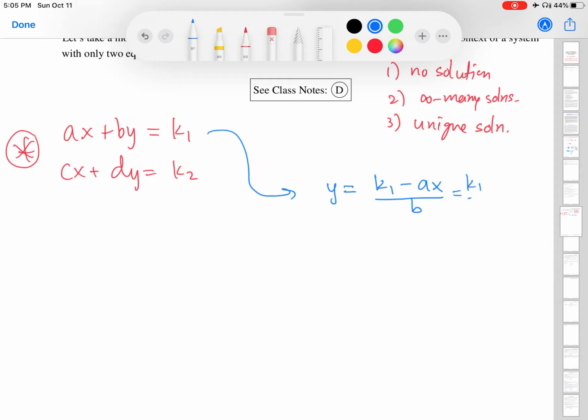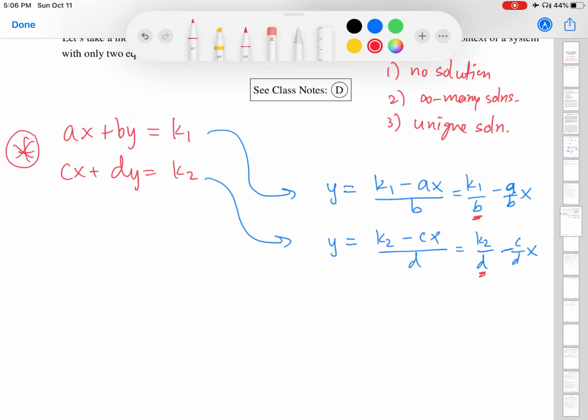So this is k1 over b minus a over b x. Great. And the second equation here, I'm also going to solve for y. So I move over the x term, cx, and then I divide by d. So I get k2 over d minus c over d x. This assumes, of course, that b and d are non-zero.